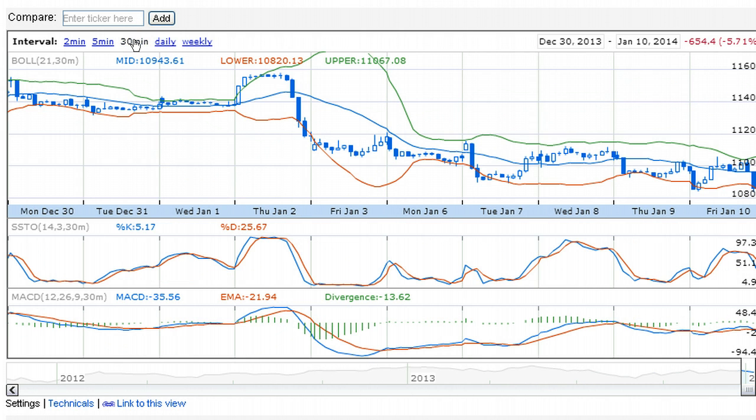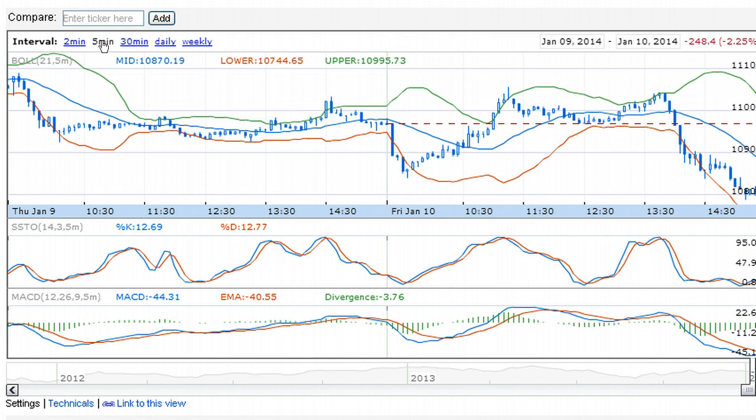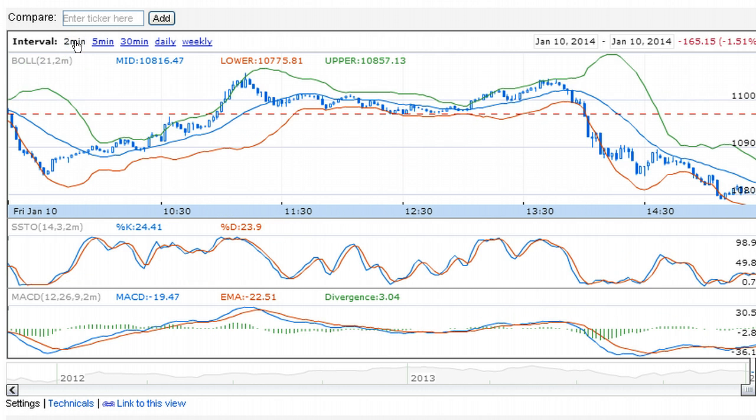For 30-minute, 21 times half an hour is 10 and a half hours, so it will assimilate data for the last 10 and a half hours. For 5 minutes, it will be close to 2 hours, 105 minutes. For 2 minutes, it will be just the last 40 minutes of trade.